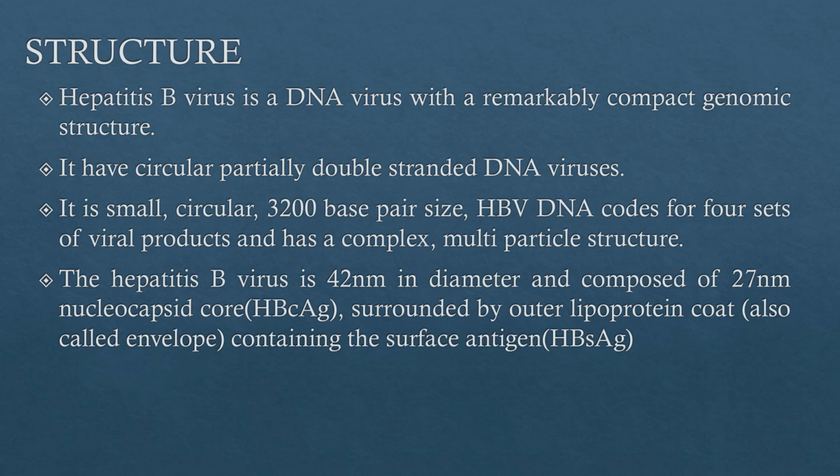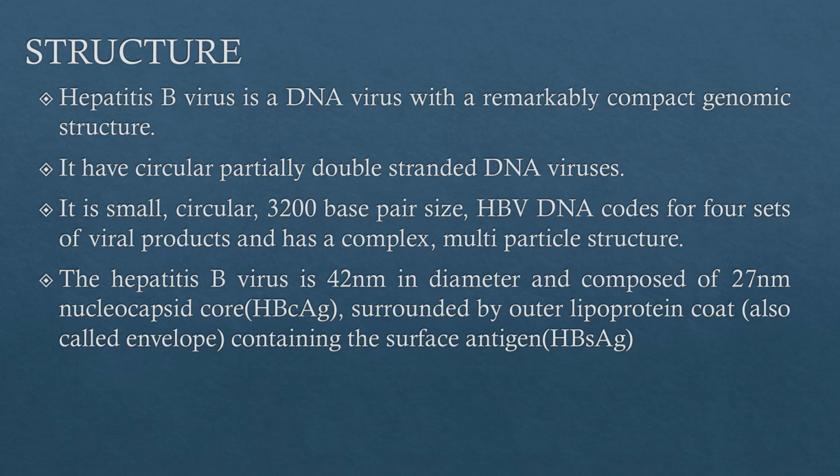Structure. Hepatitis B virus is a DNA virus with a remarkably compact genomic structure. It has a circular, partially double-stranded DNA genome, small, about 3200 base pairs in size. Hepatitis B virus DNA codes for 4 sets of viral products, and it has a complex multi-particle structure.